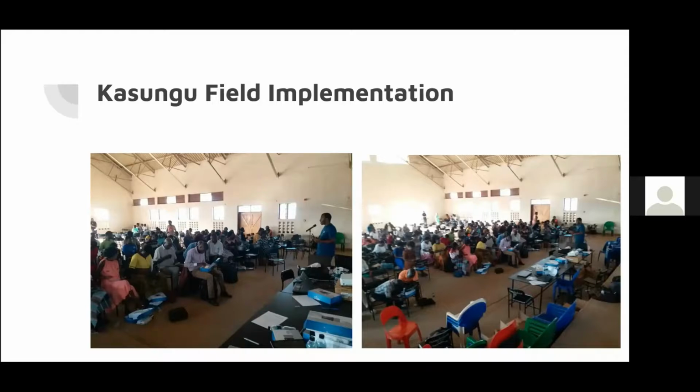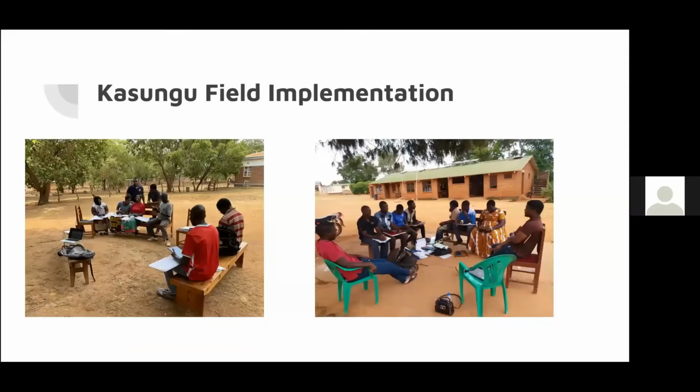Following that, we go to the field and supervise them. First we leave them to do it on their own, then we supervise them, and they give us feedback. This is another of the Kasungu field implementation.